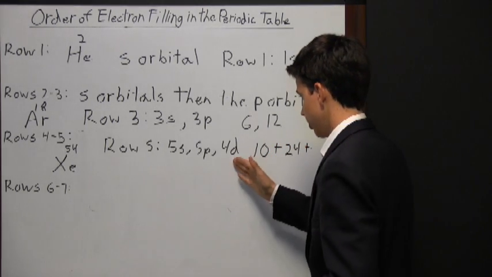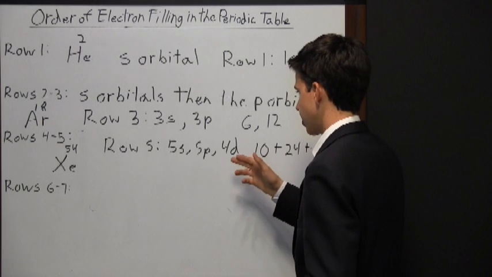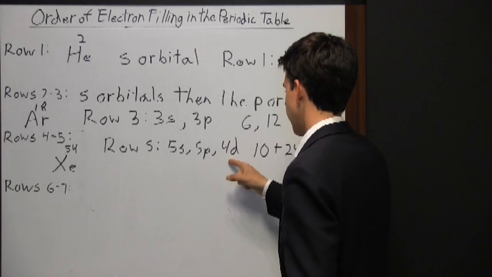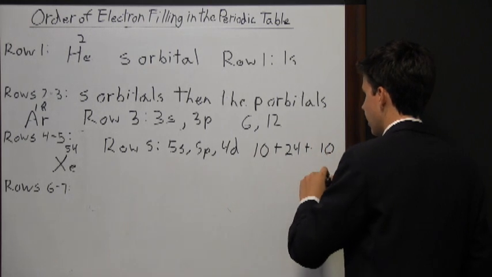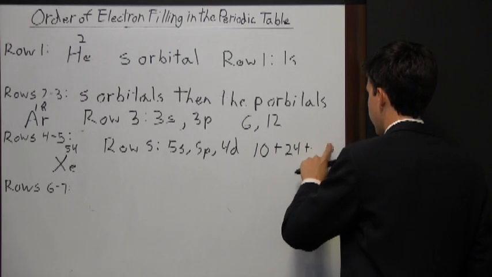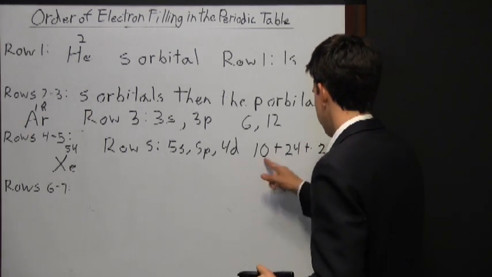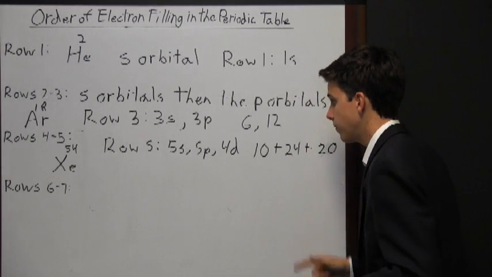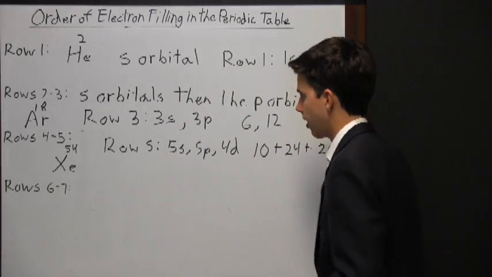And then the d orbital can take care of 10 electrons at each energy level. And it's been in existence since energy level 3, so it can take care of 20 electrons total between the two energy levels. So we had 10 plus 24 is 34, plus 20 is 54. So you can see how it can take care of all the electrons of xenon.